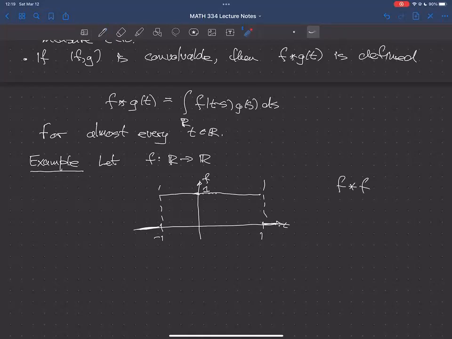So f and g are the same in this little example that I'm thinking about. And so when t is equal to 0, for example, this thing is f, because f of minus s is f of s, and so it's really the integral of f squared. But f squared is f, so really this is the integral of f. And so we know that at t equals 0, for example, it'll have the value 2.